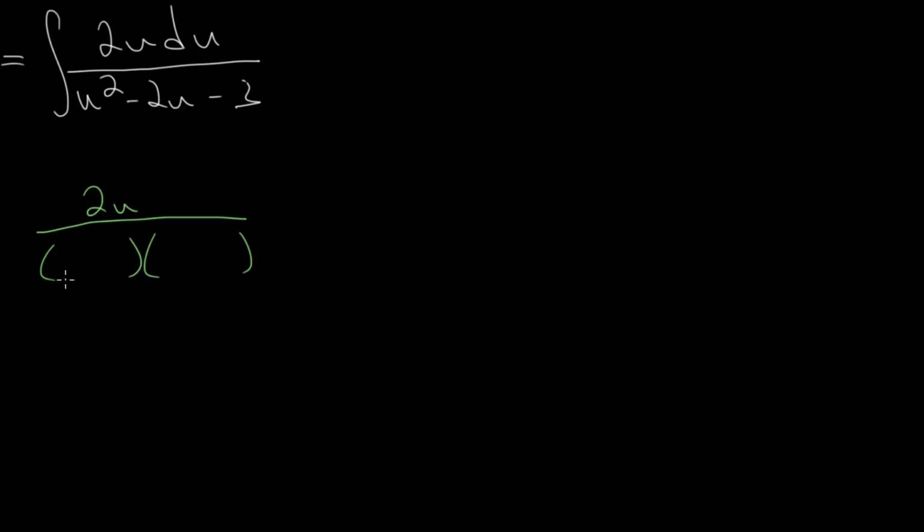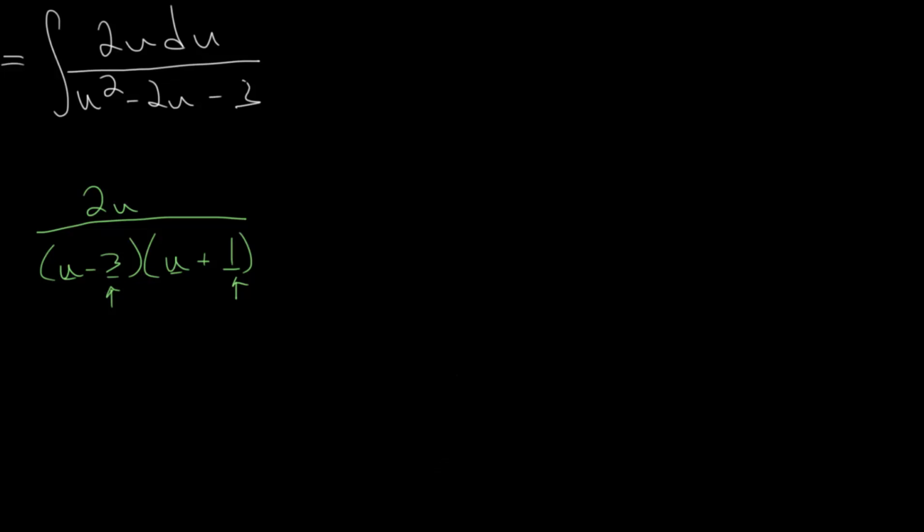And with factoring, we know each of these are binomials, and we know the first terms have to be u, because the coefficient on u squared is 1. And we know these constant terms have to multiply to negative 3, but add to negative 2. So if you write out the list of factors of negative 3, you'll see that minus 3 and positive 1 will meet those conditions. Though if you want to check, you can redistribute this, multiply it out, and see that it does equal this original expression.